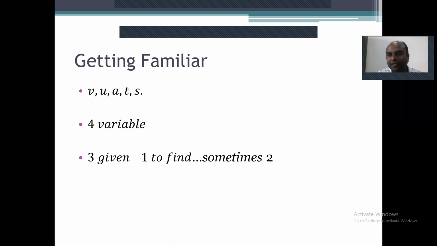That means one of the variables would be missing in each equation, right? So that is the thing that we need to understand. And when we analyze a numerical problem, there will always be three of these variables given, and we have to find one or both of the remaining ones, right? That is how we should see a numerical problem.